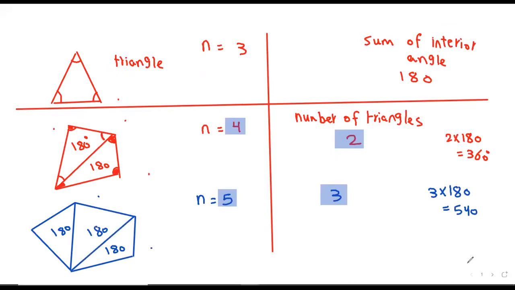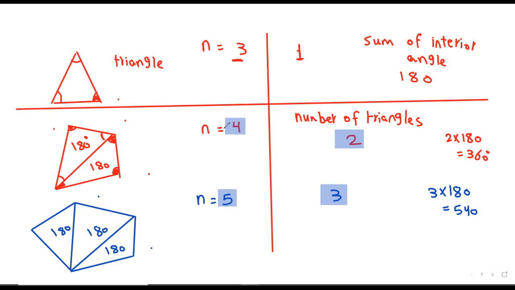Let's have a look again at the triangle here. The triangle has 3 sides, n equals 3. So what is the number of triangles? It's n minus 2. So we have 1 triangle if the polygon has 3 sides. It's actually a triangle. So the number of triangles is 1.